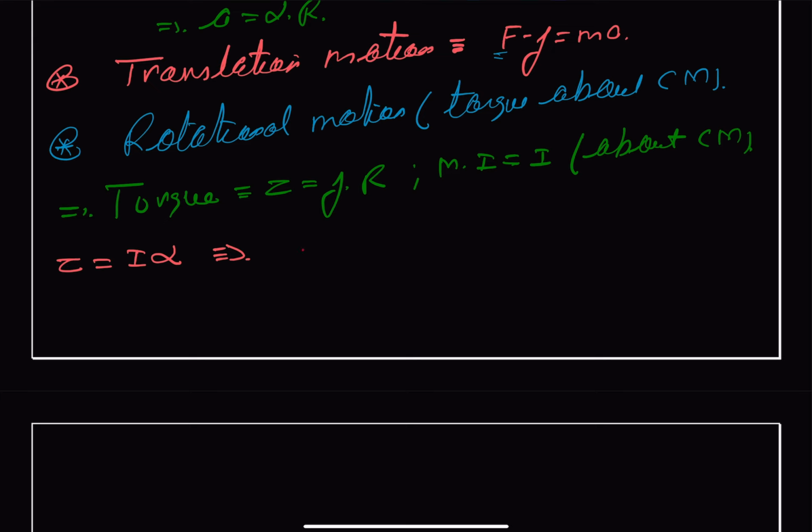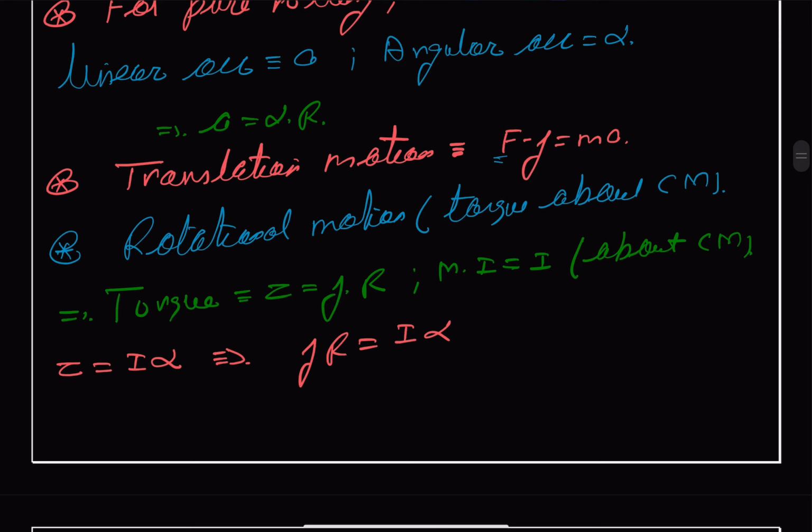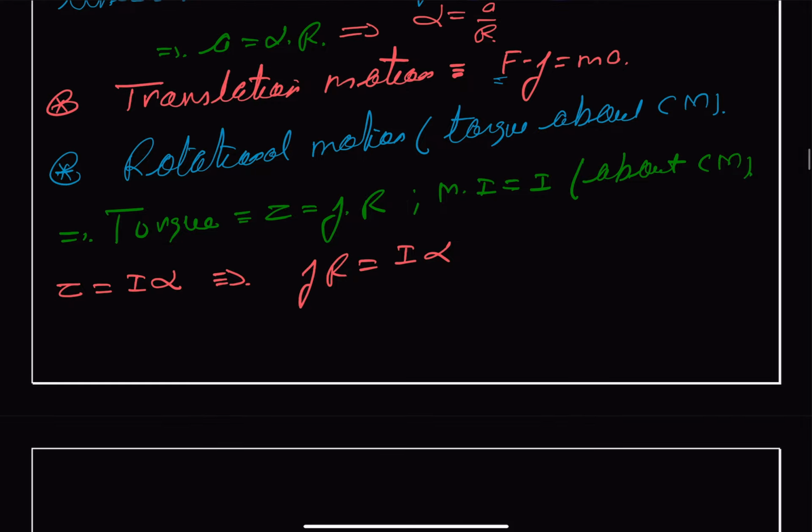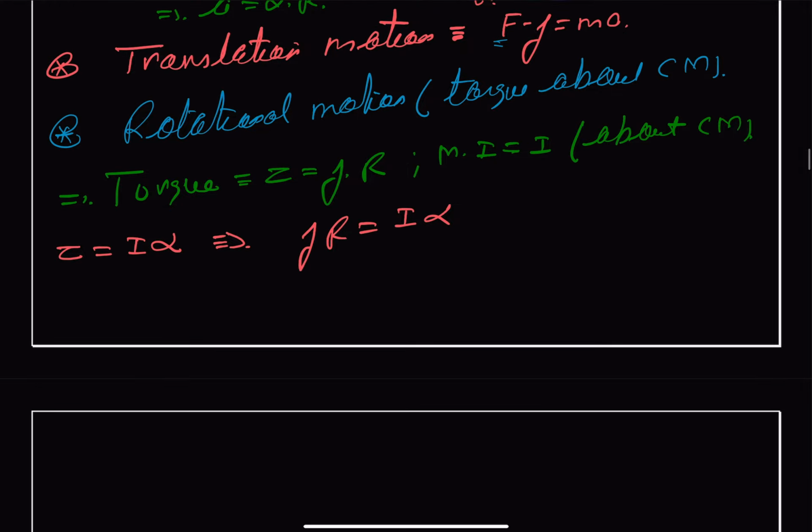Tau is our fR, so we can say fR is equal to I alpha, and alpha we can calculate from here: alpha is equal to a upon R. So we substitute it, we get I into a upon R. So this gives us that the frictional force f will be equal to I a divided by R square.